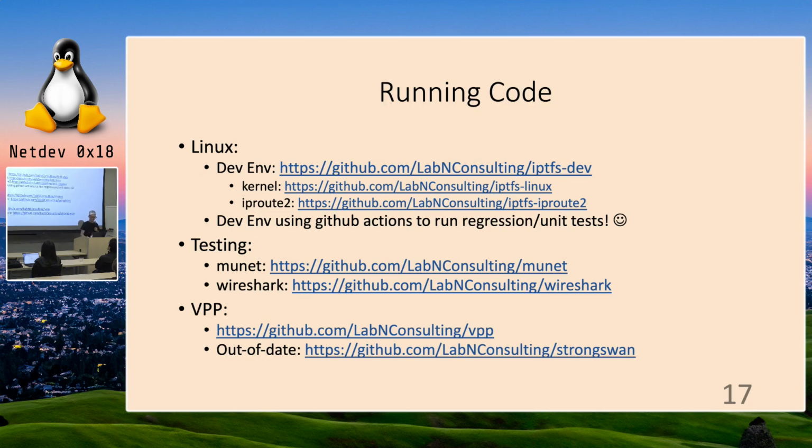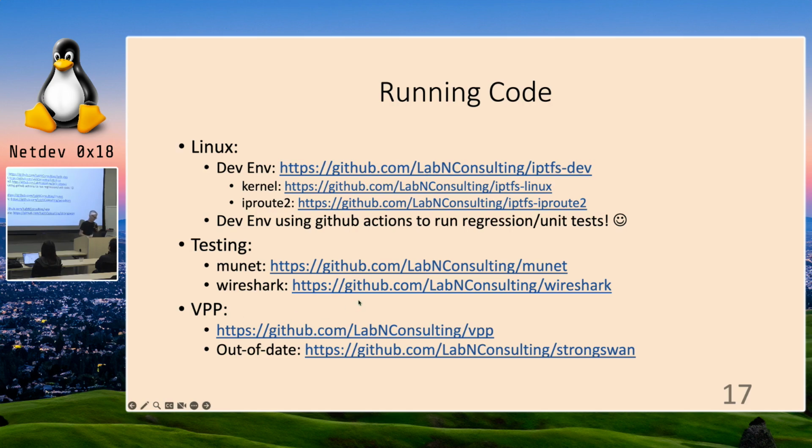I don't expect everyone to write this down. We can make the slides available. But I have a development environment, the top one, and you can download that and type make to build. It'll build a kernel and a Buildroot.